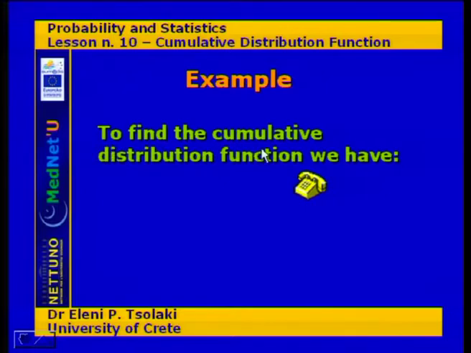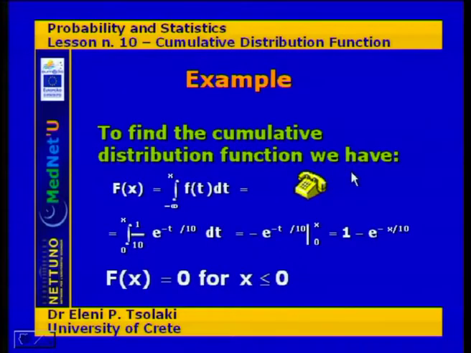So we want to calculate the cumulative distribution function. We need to take the integral of f of t dt, as we have said before, from minus infinity to x. Now in the continuous case, we do not need to take each x and calculate the cumulative distribution function.